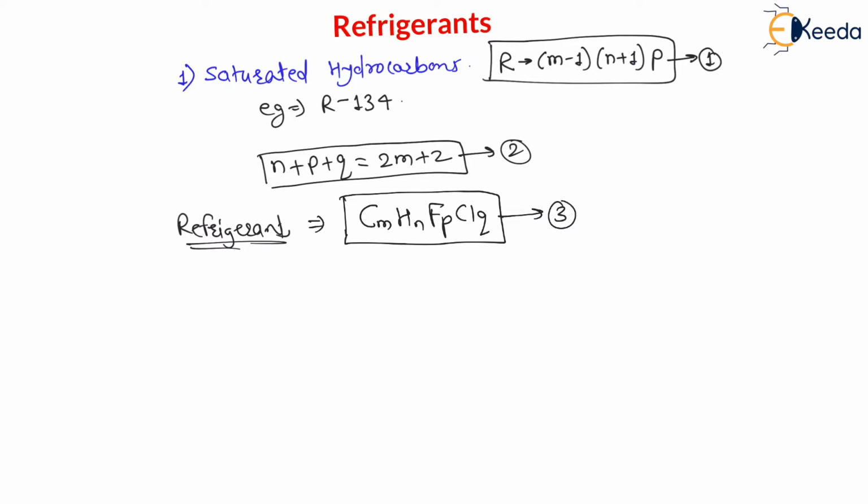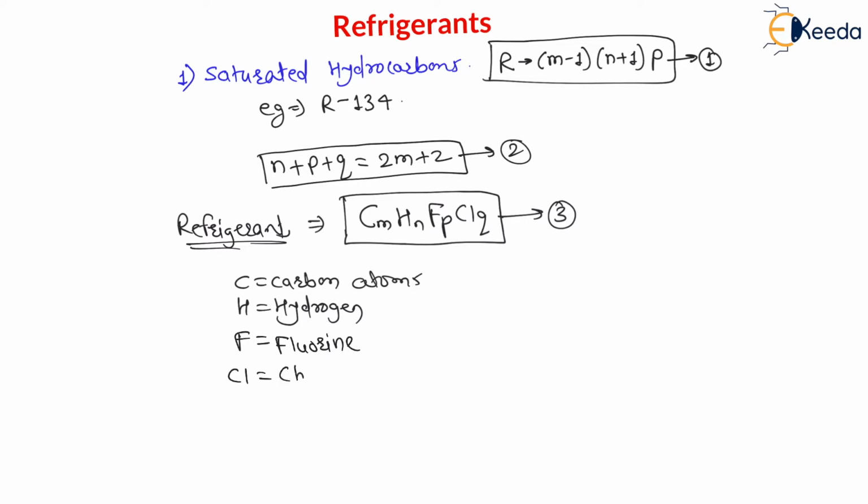Let us say this is equation number 3, where C is carbon atoms, H is hydrogen atoms. There are total m carbon atoms, n hydrogen atoms, p fluorine atoms and q chlorine atoms. F is fluorine atoms, and Cl is chlorine atoms. This is how the equation is represented.